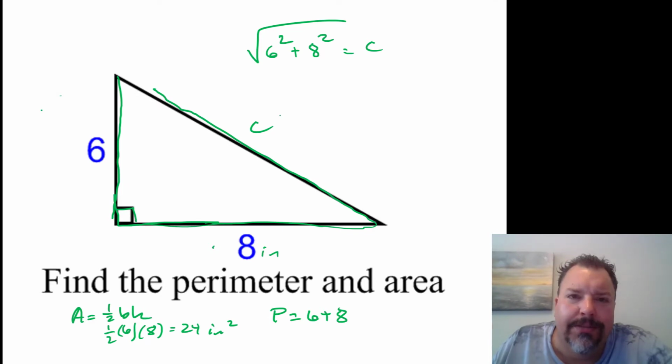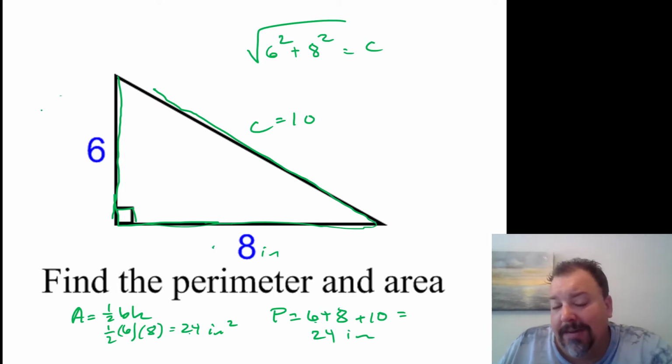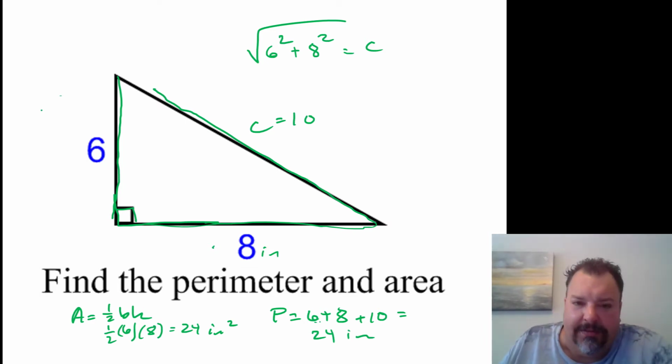So what does that come out to? It's going to come out to 10. So we add 10 here. And then 14 plus 10 is 24. That's going to be 24 inches. So it comes out to the same number, but these are different units, different measurements. One is the perimeter, 24 inches in length, and one is measuring how many little squares fit in it, 24 little squares.